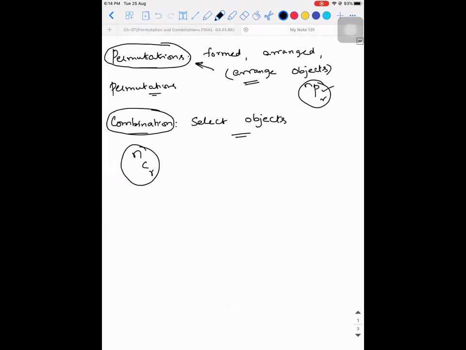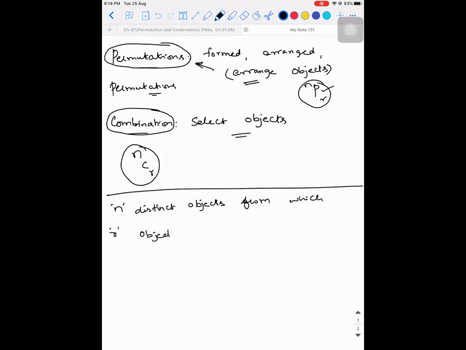Listen. n distinct objects from which r objects are to be arranged. You told me the answer is nPr, right?